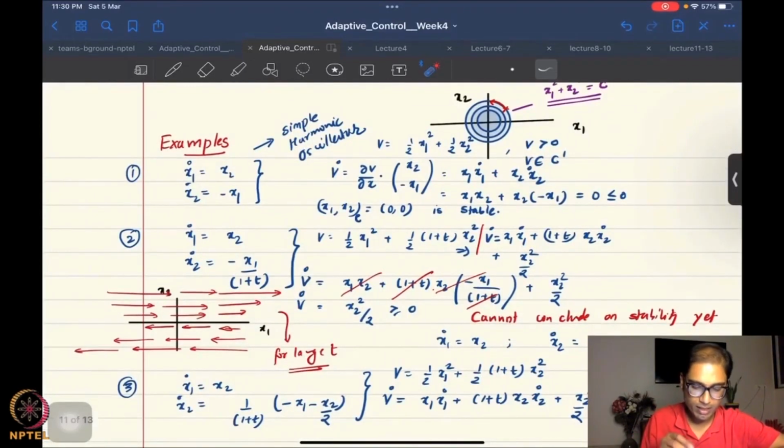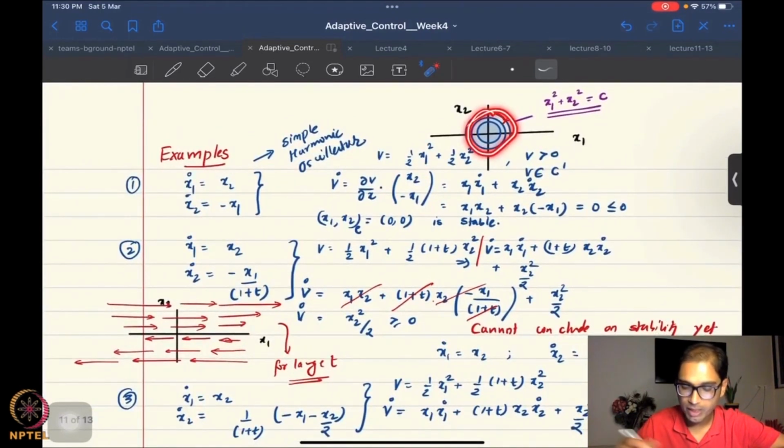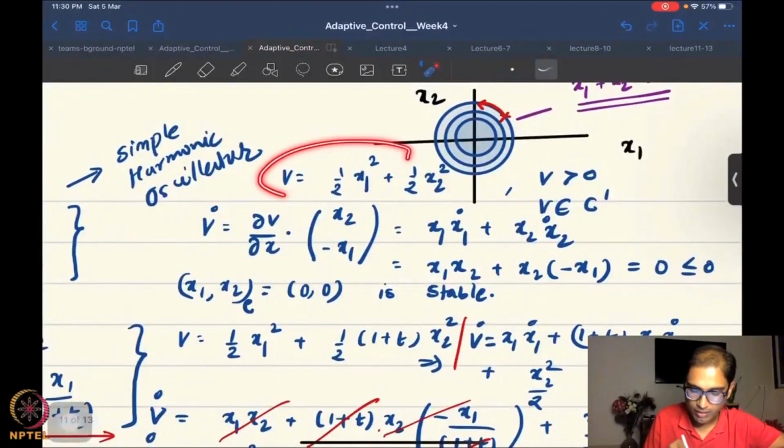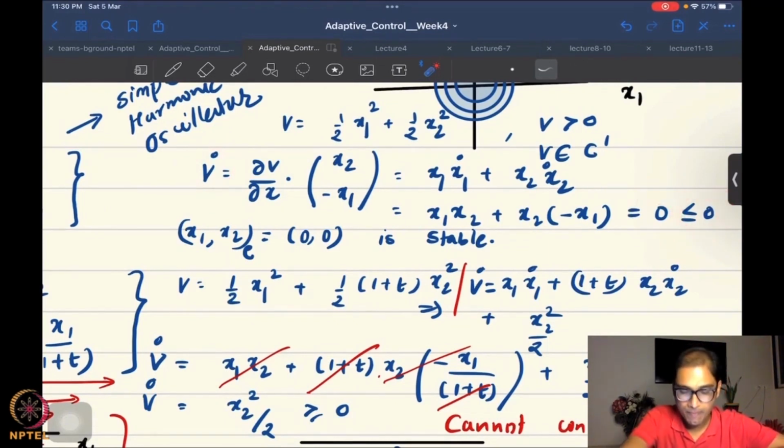We first looked at the simple standard harmonic oscillator. We saw that it has a phase plane portrait which is essentially just circles around the origin. And we proved using v equals x1 squared plus x2 squared by 2 that v dot turns out to be exactly 0, and hence it is negative semi-definite, right?